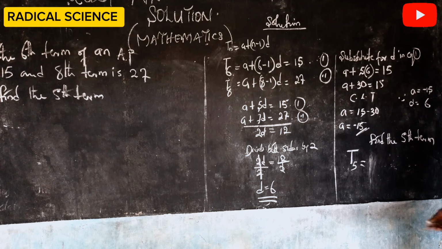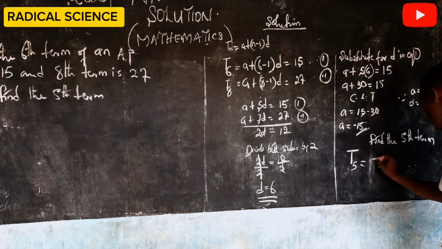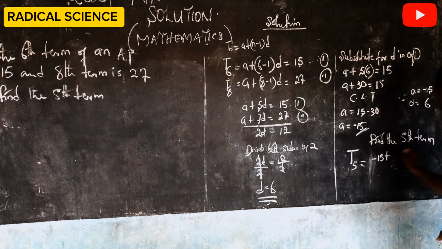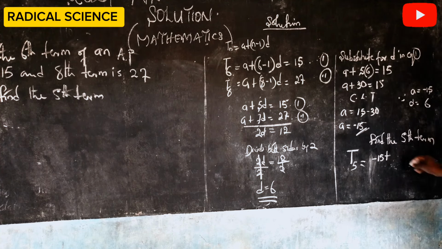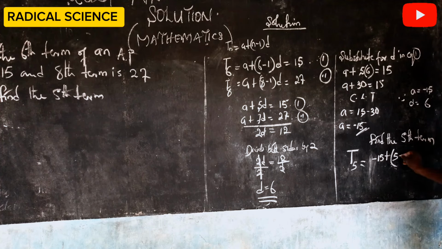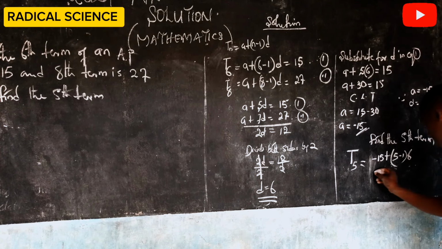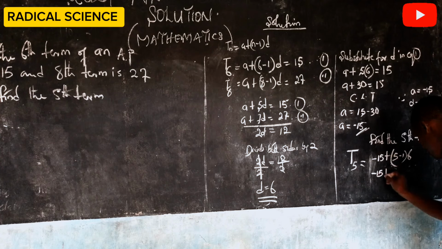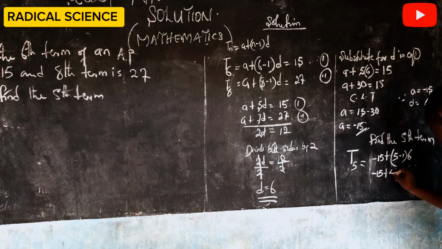From the solution, our first term is minus 15, so T5 equals minus 15 plus n minus 1, and we know that the common difference is 6. Let's keep solving. 5 minus 1 is 4.